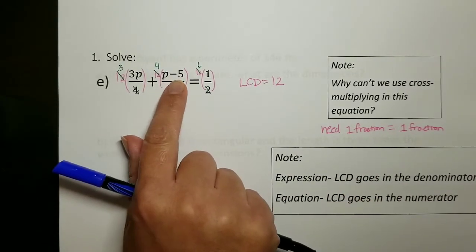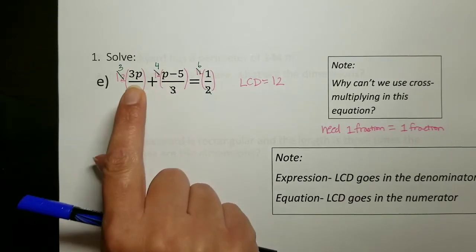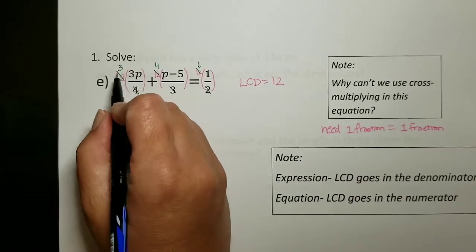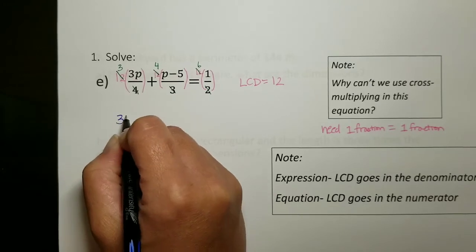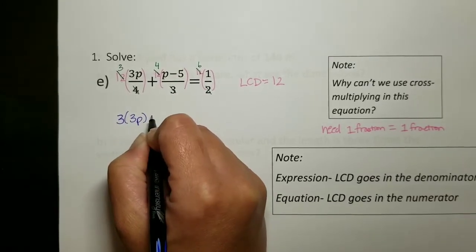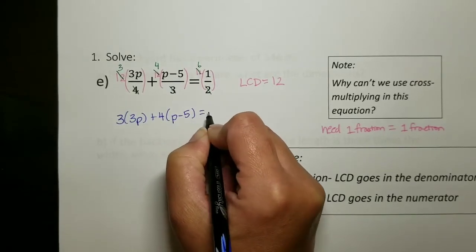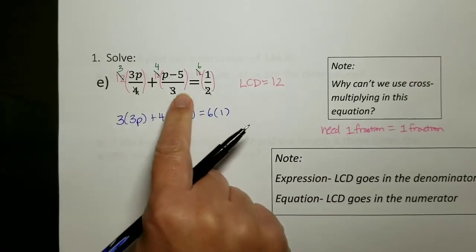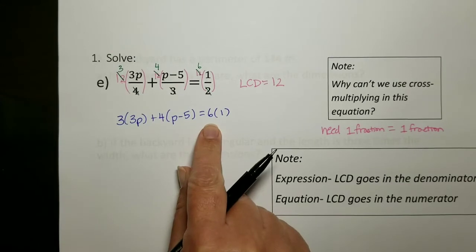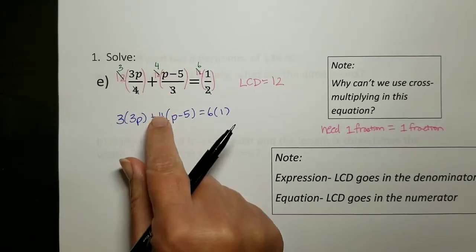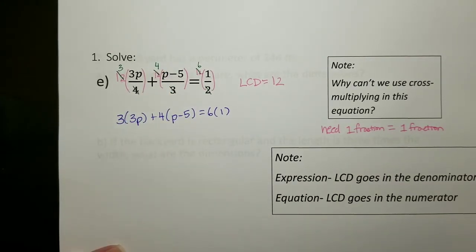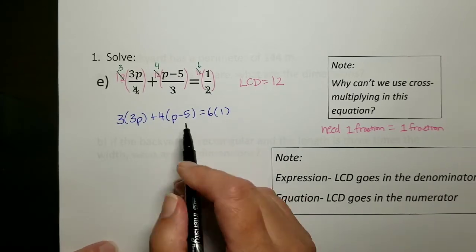Now here, especially when you've got a binomial, I would very strongly recommend I'm not going to try and multiply these in. I'm going to rewrite this: plus 4 times p minus 5 equals 6 times 1. So I've gotten rid of all the denominators, but I'm rewriting my numerators with those new green numbers out front. The reason is that I have this binomial.